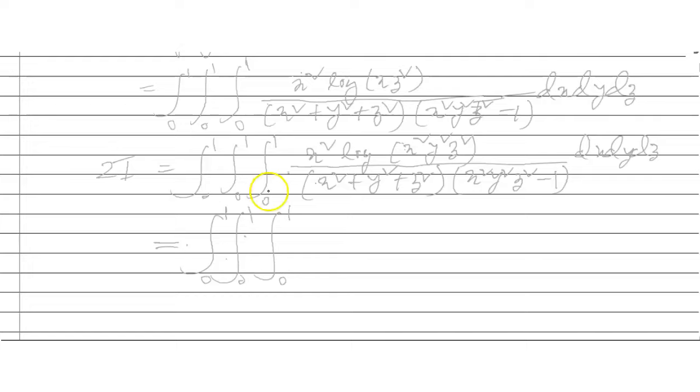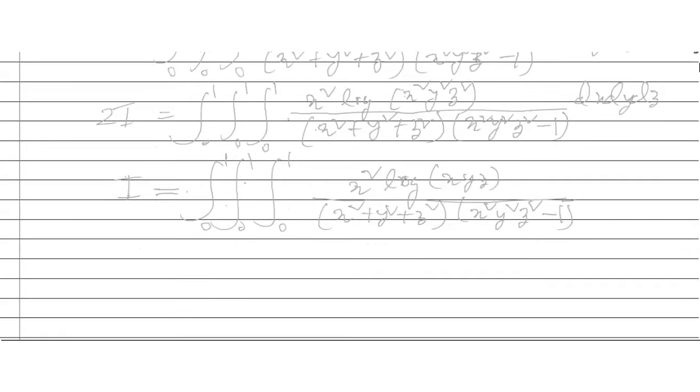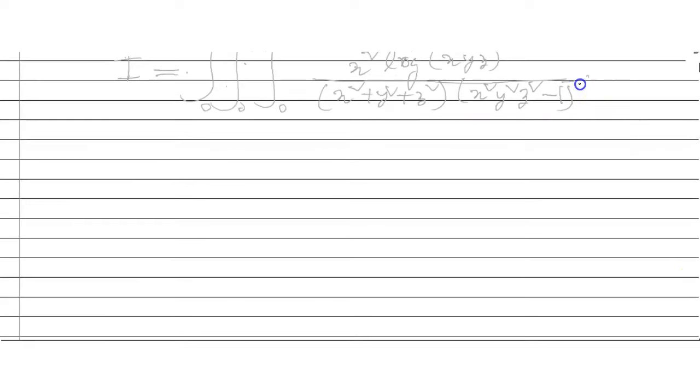It can be written this way: I is equal to x square log xyz, divided by (x square plus y square plus z square) into (x square y square z square minus 1) dx dy dz.